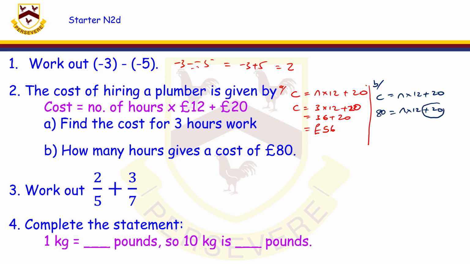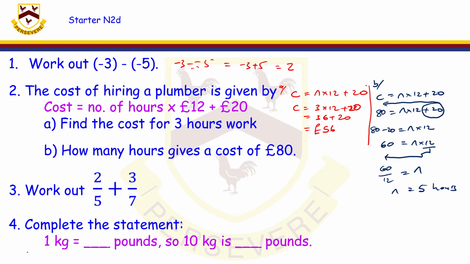That's plus 20 here, floats over the equal sign, pings to a minus. So it'll be 80 minus 20 is equal to n times 12. So 60 is equal to n times 12. And we divide by 12. 60 divided by 12 is equal to n, which means that n is equal to 5 hours. Hopefully we got that right.